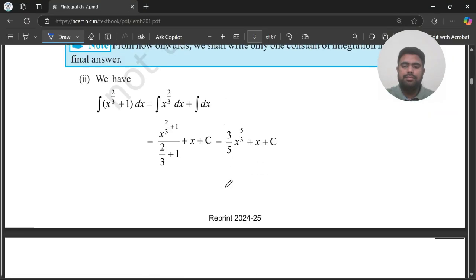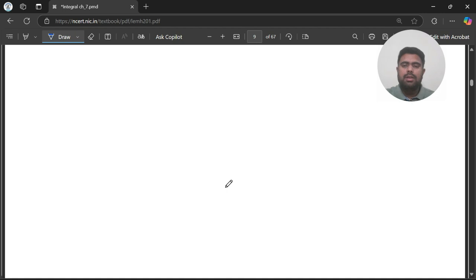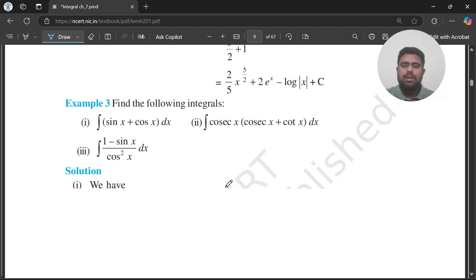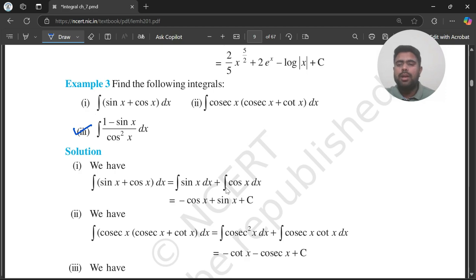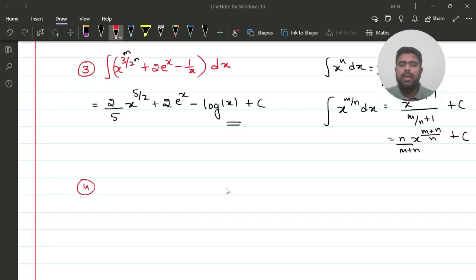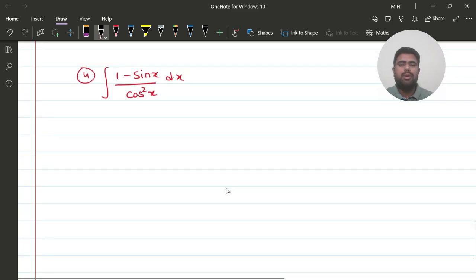Okay, let us see this problem. The integral of 1 minus sin x divided by cos square x dx. Okay, again a very simple problem.